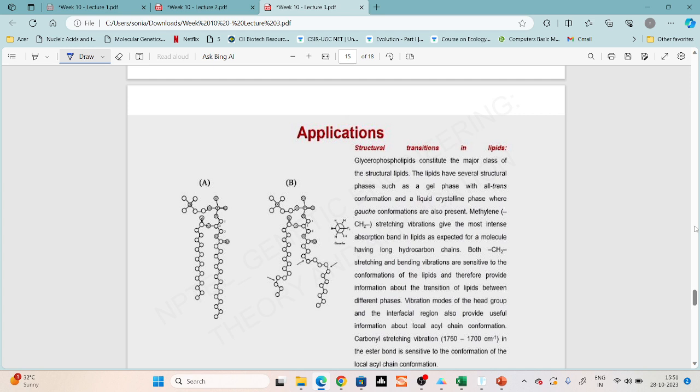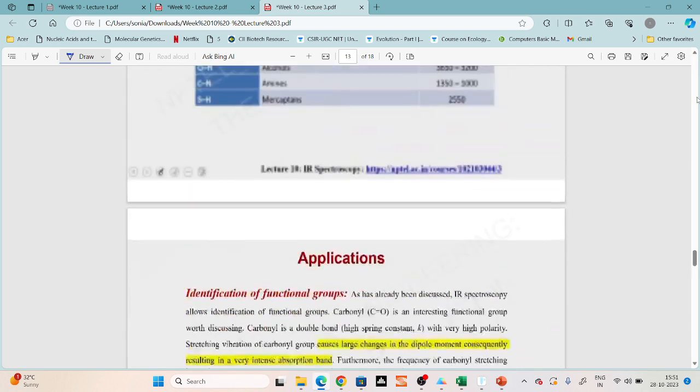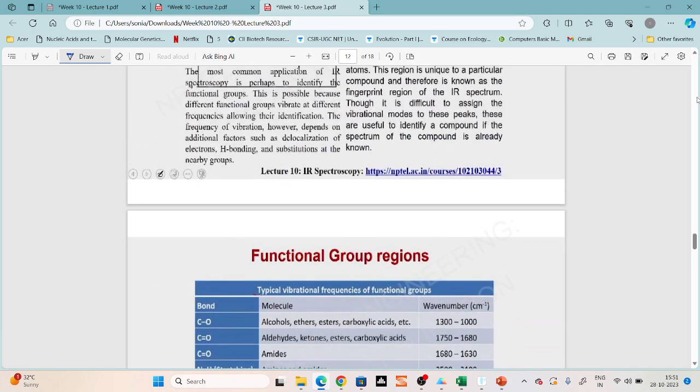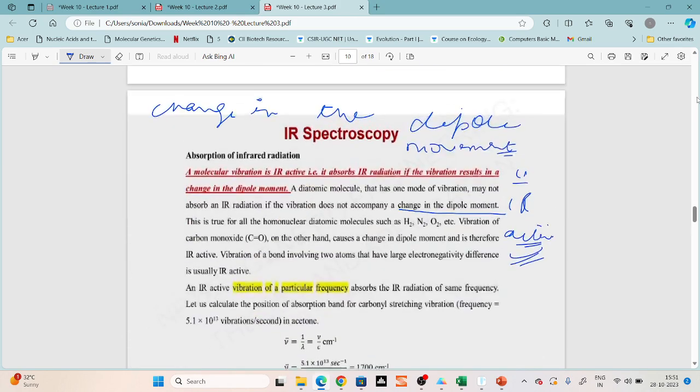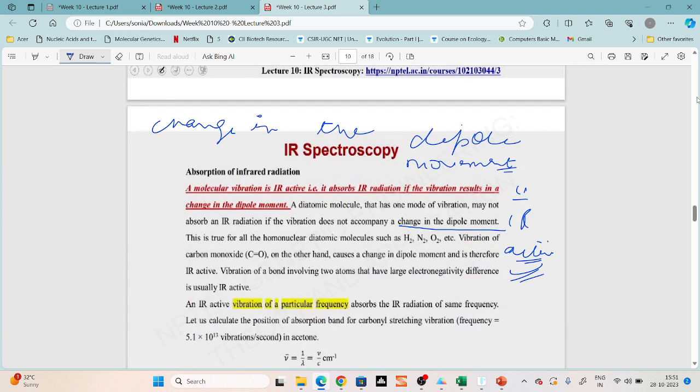Okay, so this was about your infrared spectroscopy basics. One thing about infrared spectroscopy is that it is applicable only when your molecule is infrared active. And for a molecule to be infrared active, it should have a change in the dipole moment. A change in the dipole moment is not possible for homonuclear diatomic molecules such as hydrogen, nitrogen, oxygen.